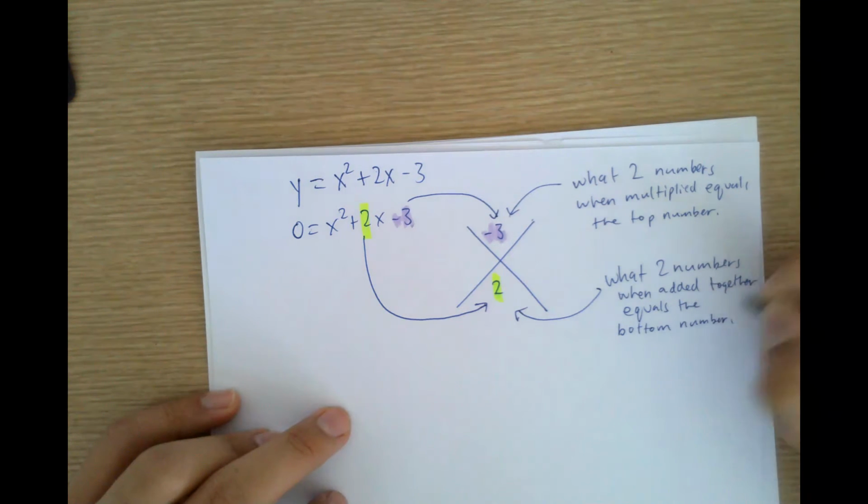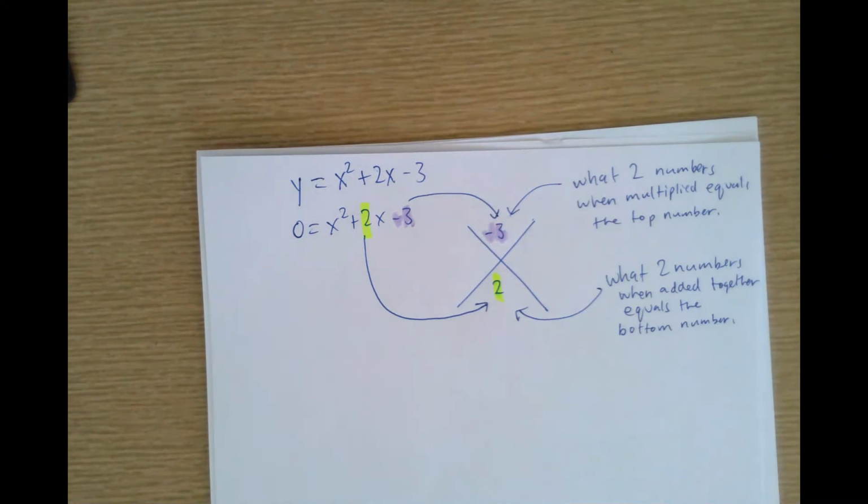Again, you want to see what two numbers, when multiplied, equal the top number, but at the same time, when you add them together, equal the bottom number. So you want to think about what two numbers, when multiplied, equal the number on the top, but when added together, they equal the number on the bottom.